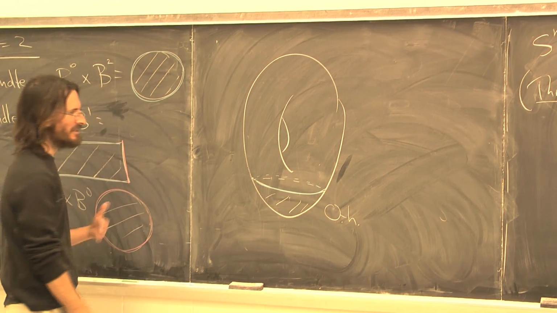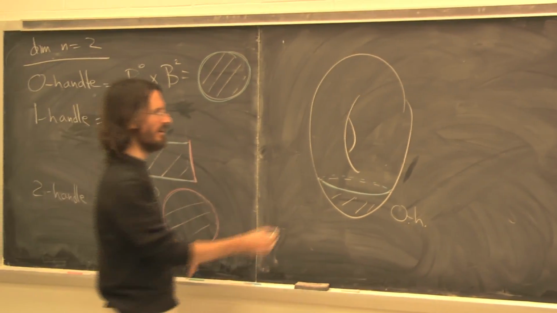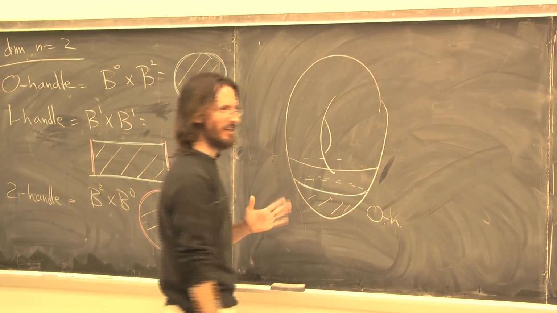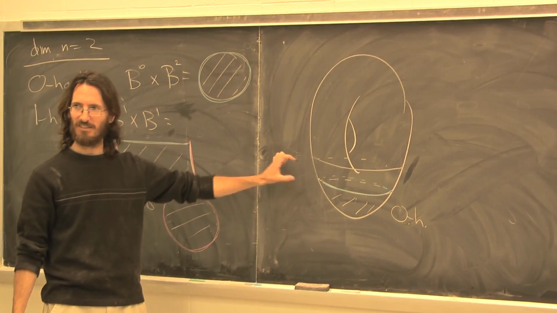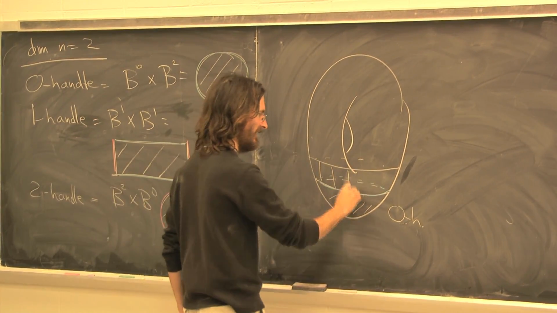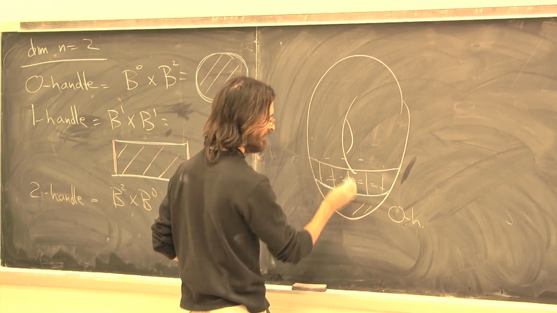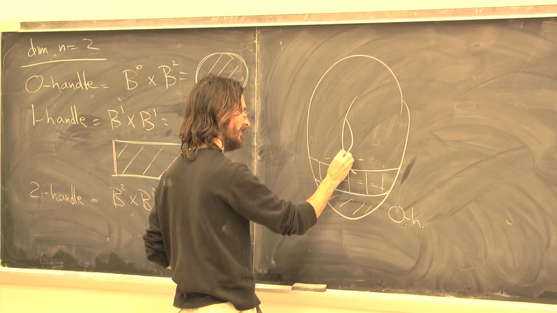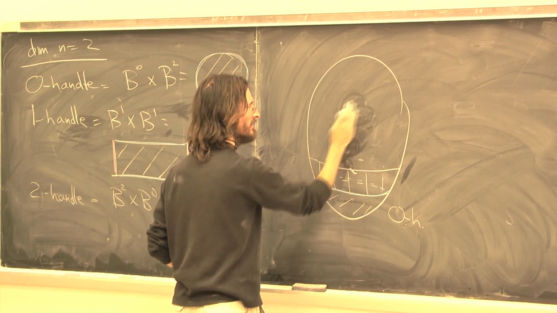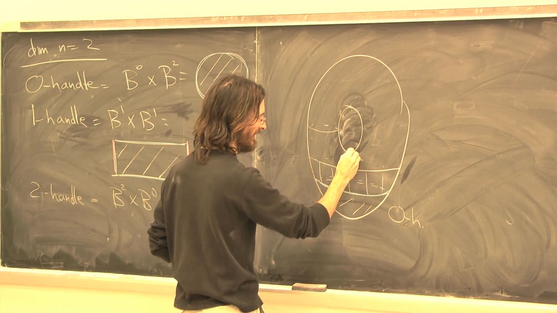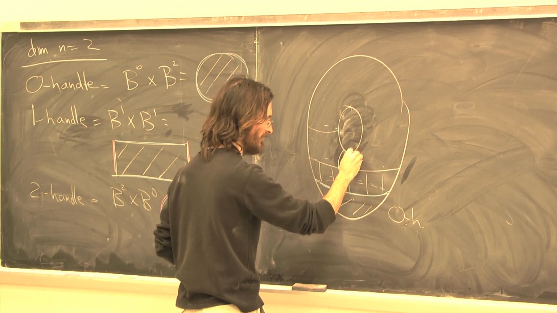Then there's a section which is a product. Let's stick to that language for a little while; later we'll stop talking about the product. There's a product, and then there's a 1 handle that goes up and over.